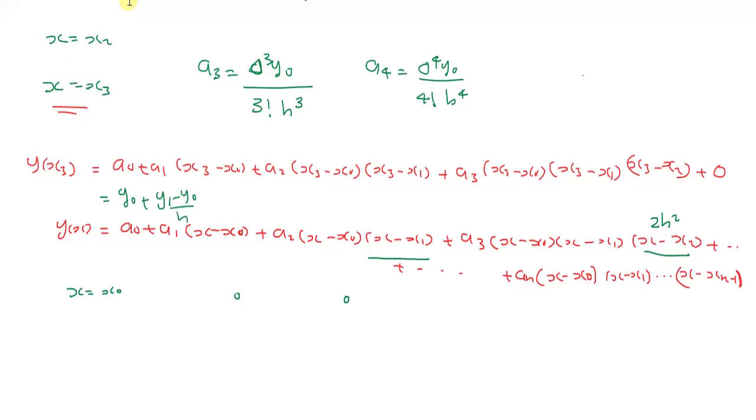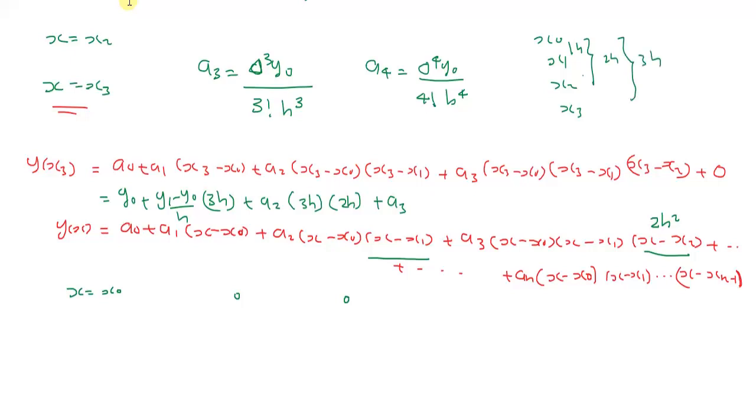Now what will x3 minus x naught be? It will be 3h. 3h plus a2 into x3 minus x naught 3h, x3 minus x1 2h plus a3 into, because our terms are x0, x1, x2, x3, in between here you will have h, here you will have a 2h difference, and between these terms there will be a 3h difference.